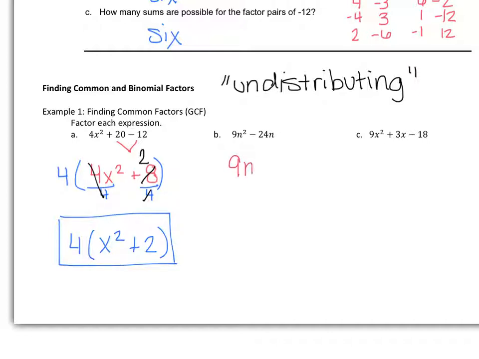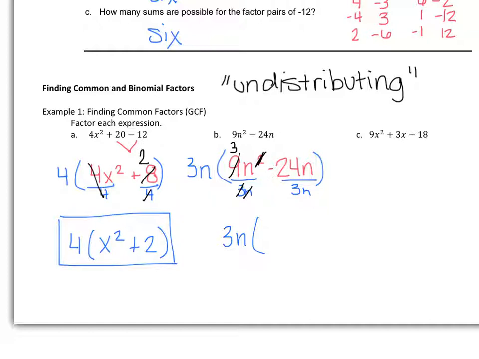Let me write this out so I don't write all over the problem. So we can bring an n out. What else goes into 9 and negative 24? 3. So we are going to divide each term by 3n, which leaves us with 3n. 9 divided by 3 is 3, and then n squared is like n times n, so we can cancel the n on the bottom with one of them on top.